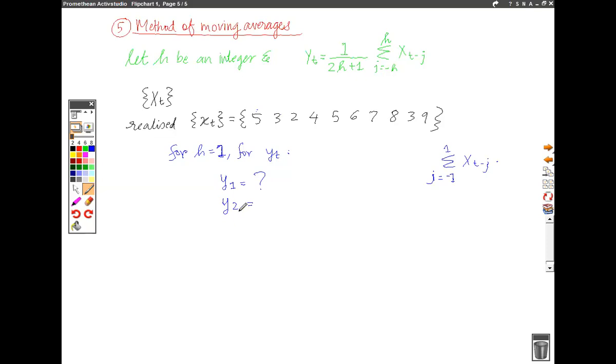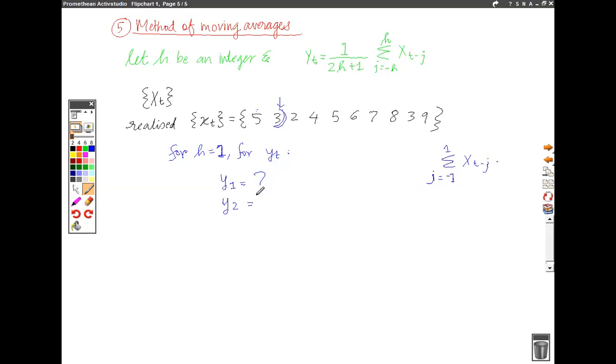But for y2, if I'm looking at this 3 guy here, this is my t, which is 2 here, and over here my t was 1. So I know that I don't have any value for x0 here.